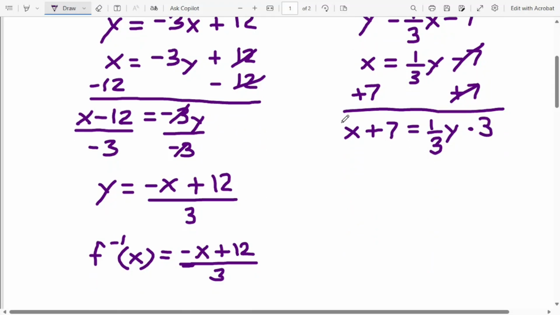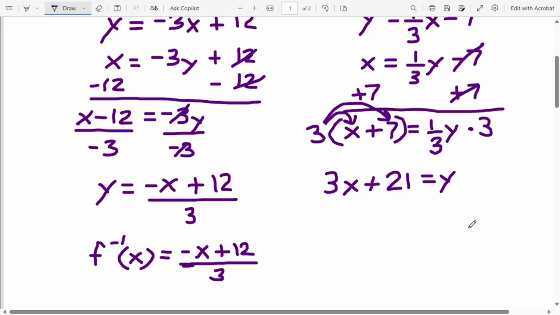But if I multiply one side by 3, I have to do the same thing to the other side. So I'm going to multiply the other side by 3, and I'll distribute the 3 here, so I'll get 3x. 3 times 7 is 21, so 3x plus 21 equals y.